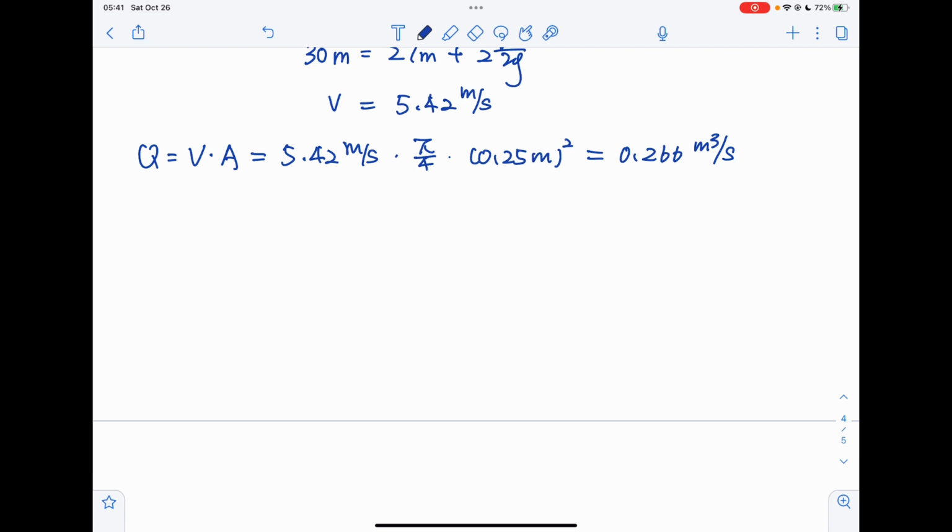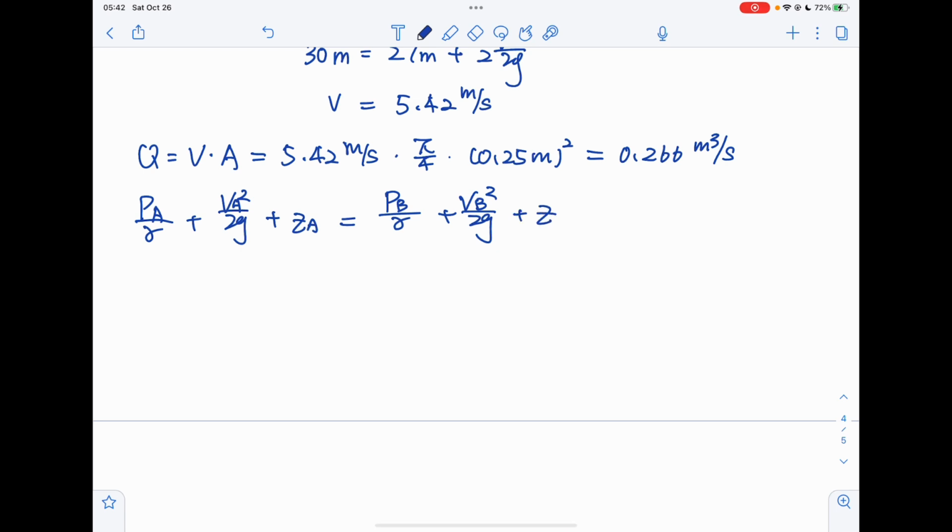Here, we're going to use point A and point B. So we write down the energy equation again: PA over gamma plus VA squared over 2g plus ZA equals PB over gamma plus VB squared over 2g plus ZB plus the head loss.